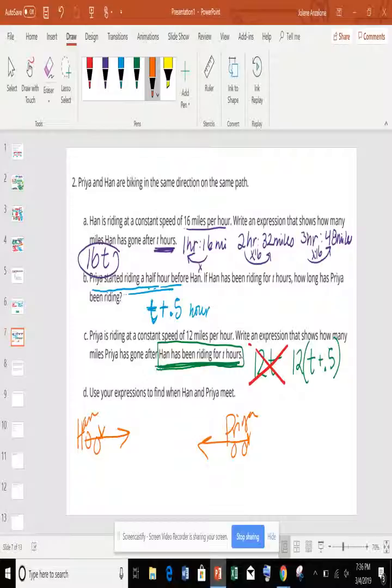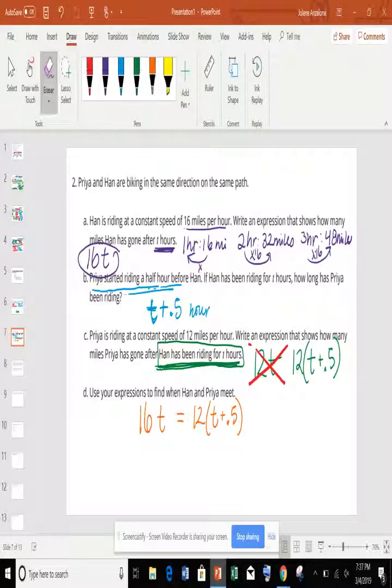In order to figure out when they're going to meet, we're going to make their expressions equal to each other. So now it's your turn to solve this equation. You can keep the 0.5 as a decimal, or you can change it to 1/2.